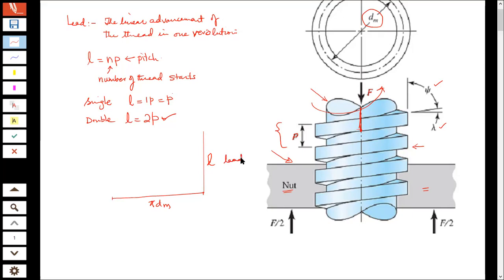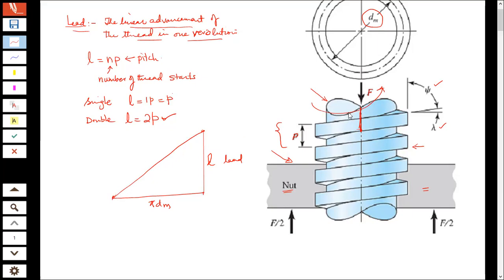Because as I said, the linear advancement of the thread in one revolution is known as lead. So let's say we join these two over here.